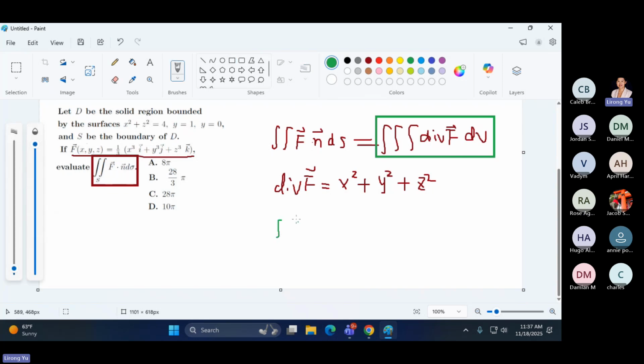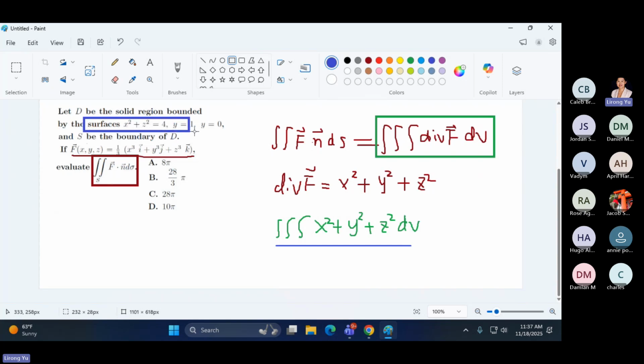So we are supposed to do the triple integration of x squared plus y squared plus z squared dV. And then how do we calculate this triple integral depends on the boundary. Now the boundary is bounded by the cylinder and y equal to 1, y equal to 0.